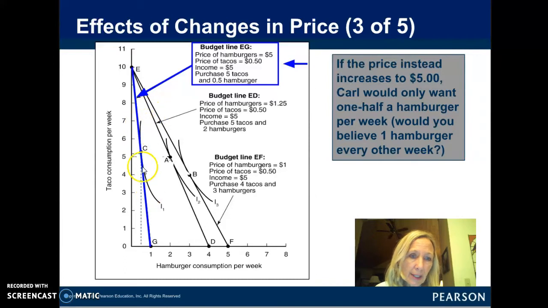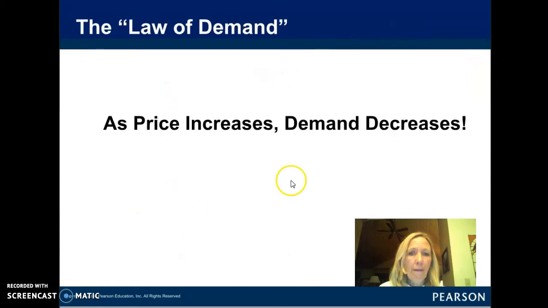And the point of tangency there would be on this skinny utility curve right here, point C. So that would be a budget of $5 you could afford. 1 burger if he spent all his money on burgers, or 10 tacos if he spent all of his $5 on tacos. And so that is the one combination that fits his budget line if the price of burgers were to increase. Shift to the left.